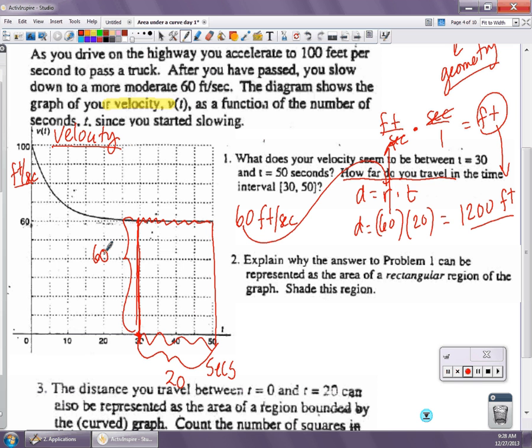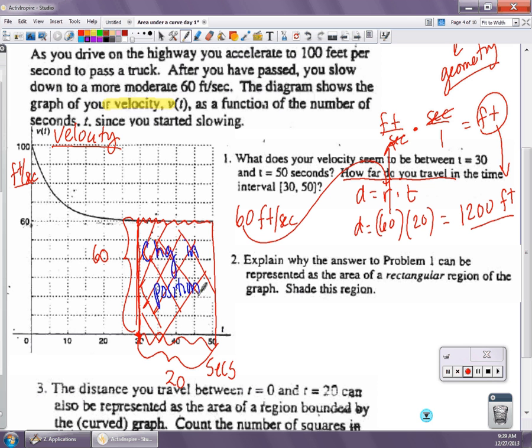We multiplied 60 by 20, so what we found is the area of this rectangle, and the area of this rectangle was 1,200 feet. So there's that big idea that the area under the curve is the change in position. If I collect all of this area, let's write in blue so you can see a little difference here, it's change in position.